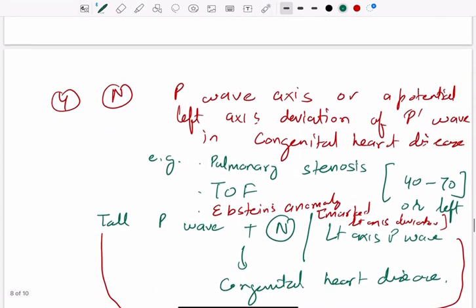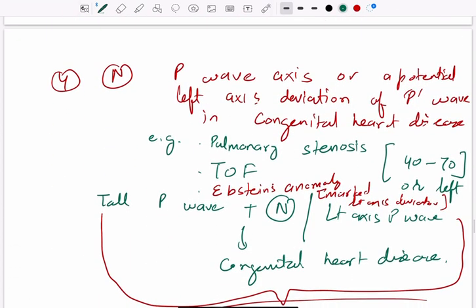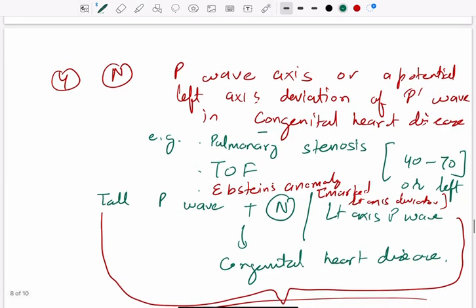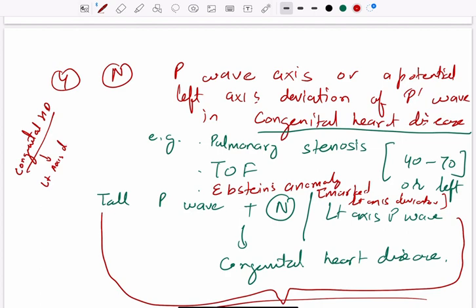Now the fourth point, which is very important: a patient can have a normal P wave axis with all the characteristics which we have discussed in V1 and limb lead 2, or there is a potential left axis deviation that signifies congenital heart disease. So here is the simple catch: if a patient has right atrial enlargement because of congenital heart disease, it is more likely to have a left axis deviation of the P wave, which is called P congenitale.